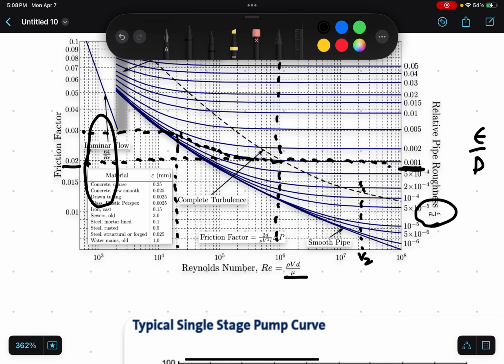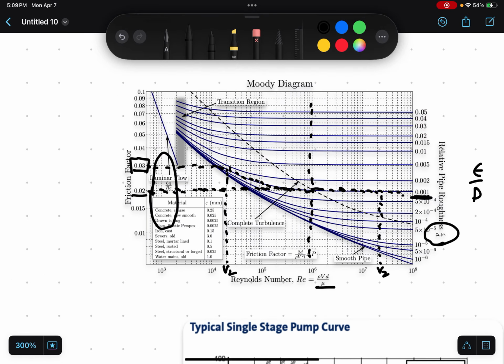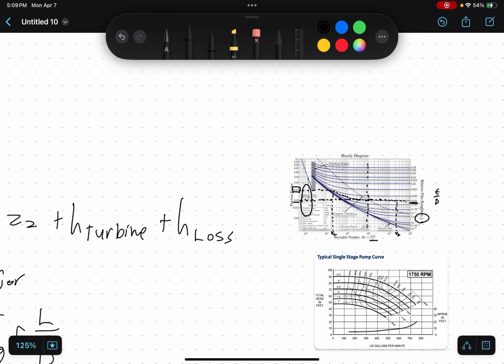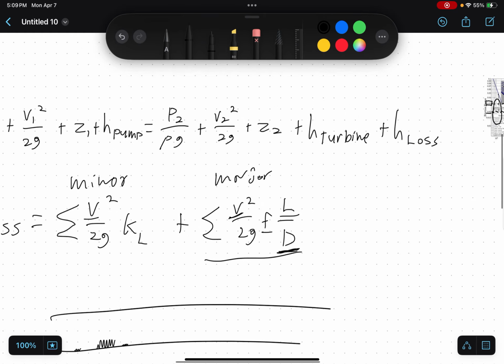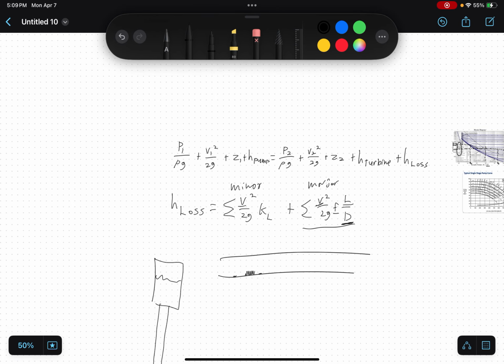Then you're fine, because you can just assume you went straight across. But if your V2 was over here, then you'd have to re-solve the problem with the new friction factor. So you have to go back and resolve it, which kind of sucks, but that's the only way to do it. Okay, so that's how you get every term in the major loss.